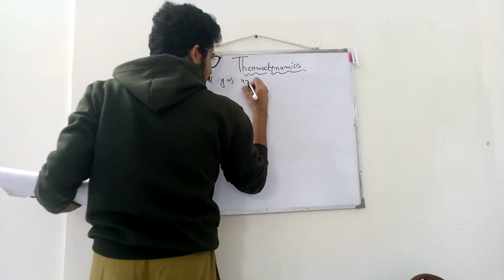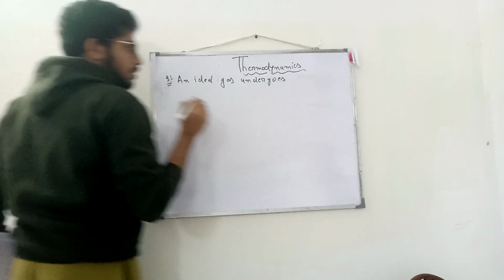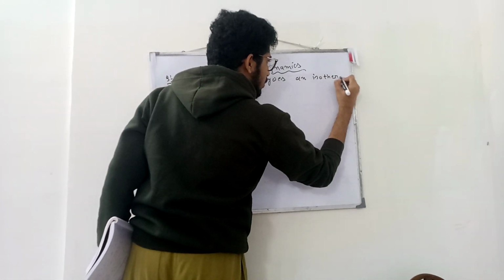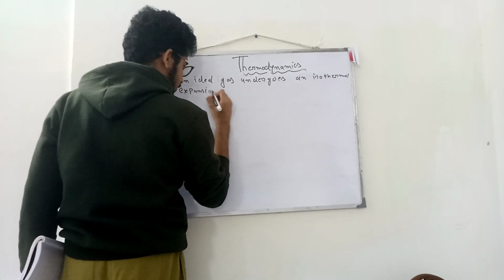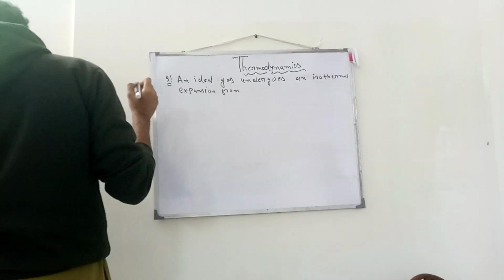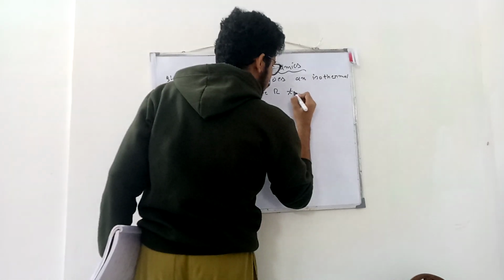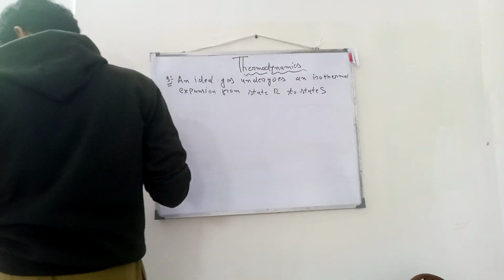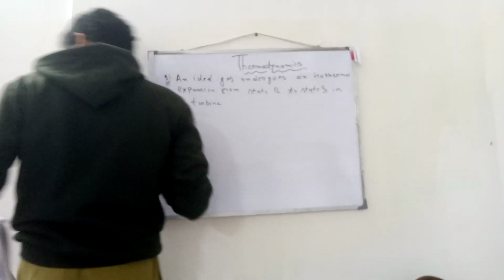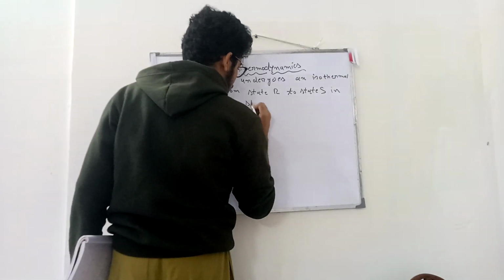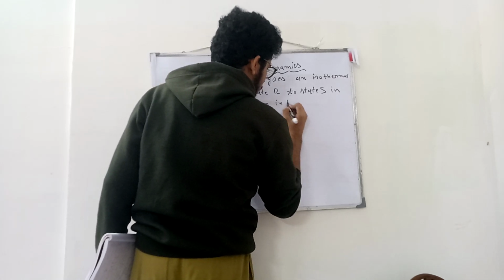An ideal gas undergoes an isothermal expansion from state R to state S in a turbine, as shown in the diagram.